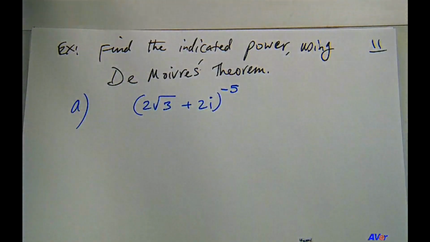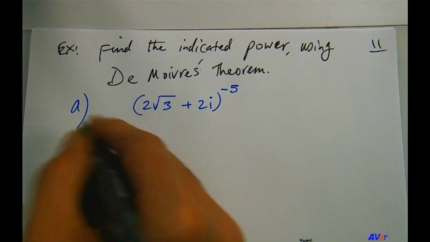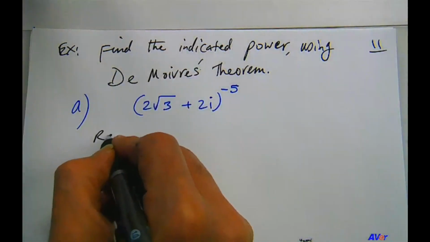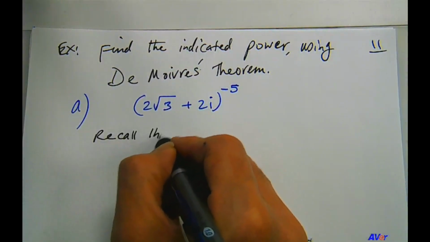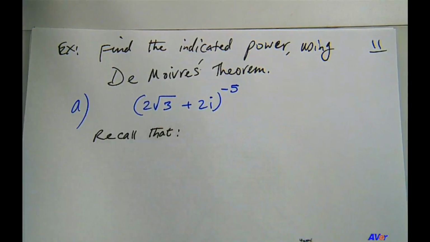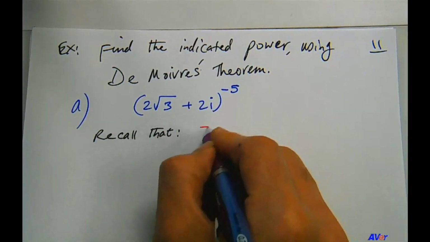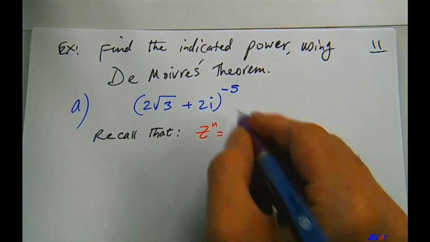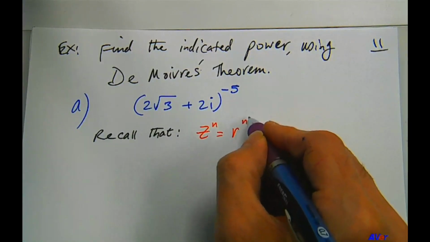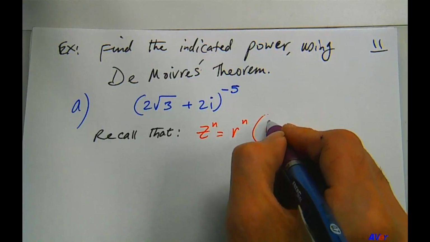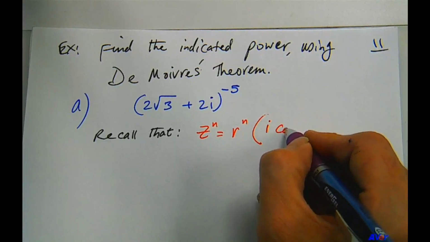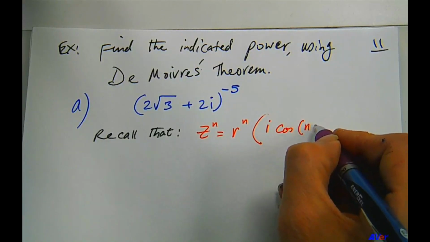Okay, so recall De Moivre's theorem. z to the n power is equal to the modulus to the nth power times, in brackets, cosine of n times theta.